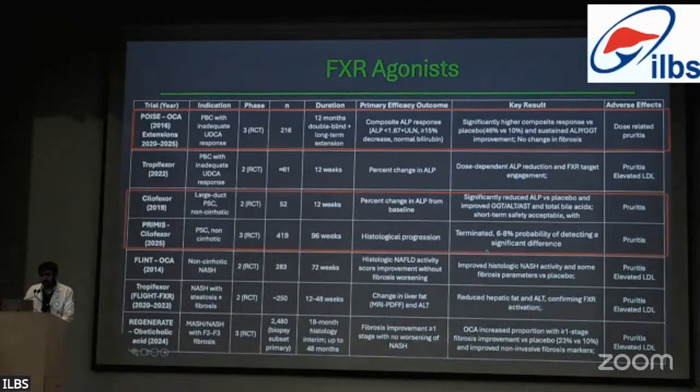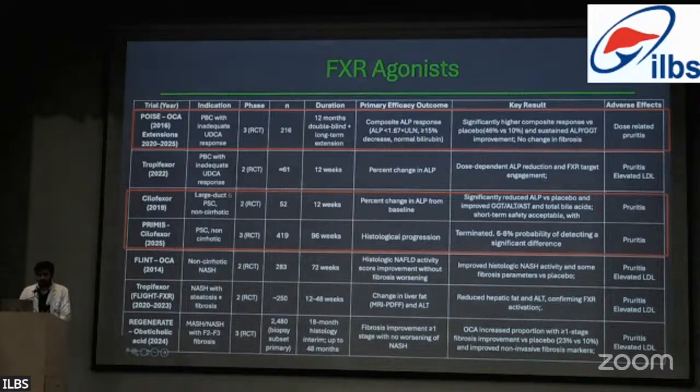Other drugs included are Cilofexor, where the initial trial was done in 2019, which was a phase 2 trial. And this evaluated the change in ALP levels from baseline and found that usage of Cilofexor in patients of PSC causes significantly reduced ALP levels as compared to the placebo.